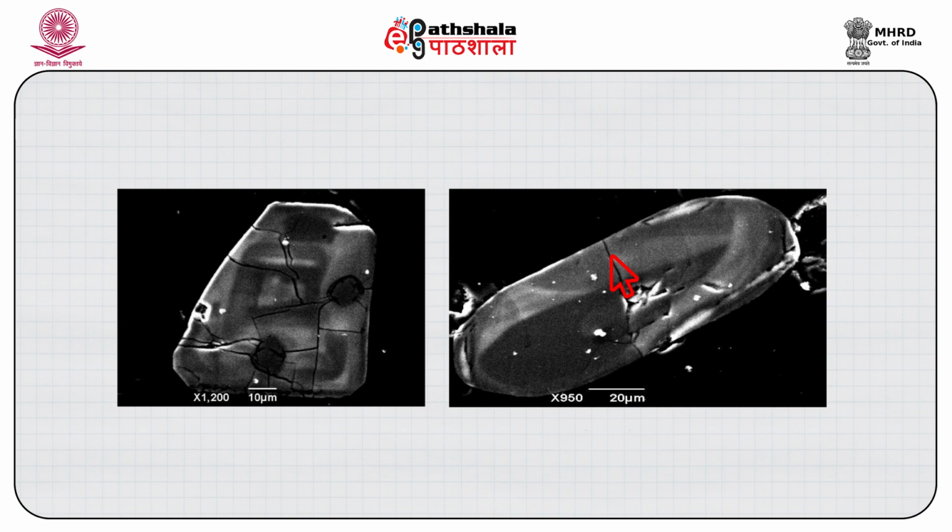The thin bright rims in both the grains represent the metamorphic growth, whereas the inner oscillatory zone represents a magmatic event. So, cathodoluminescence, which is an inelastic scattering effect, allows us to distinguish events like this in zircon and many other minerals.